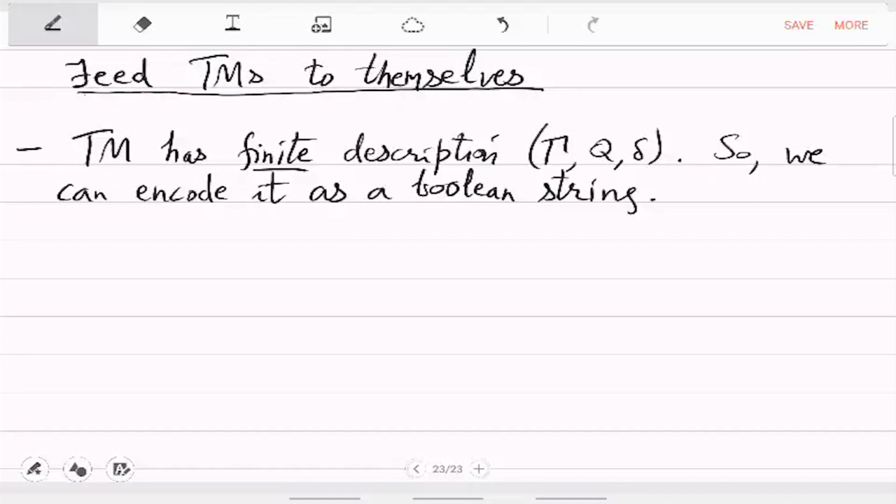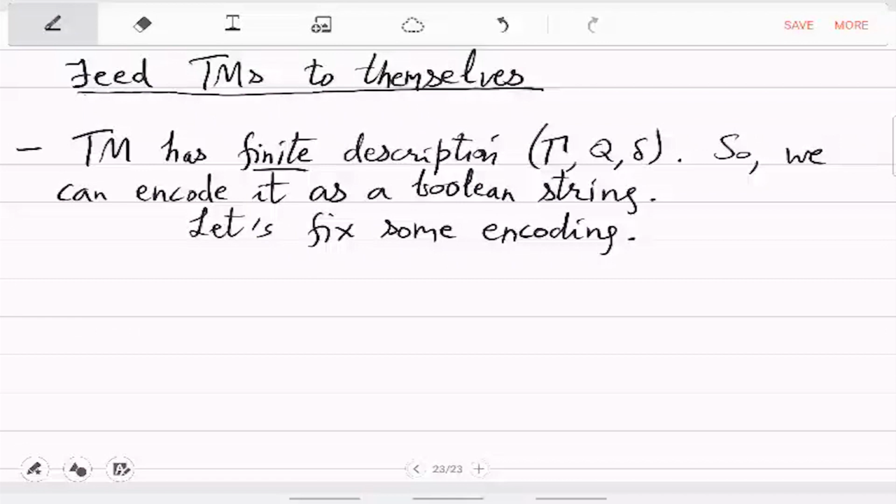Okay, so there might be many ways to encode. Let us fix one. So let us fix some encoding. For example, one option is: first the gamma is presented in binary, then a comma is put, and then Q is presented in binary, and then a comma is put, and then the transition function delta is put in binary.